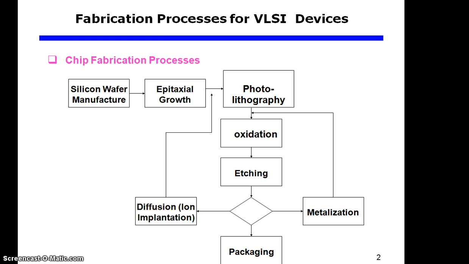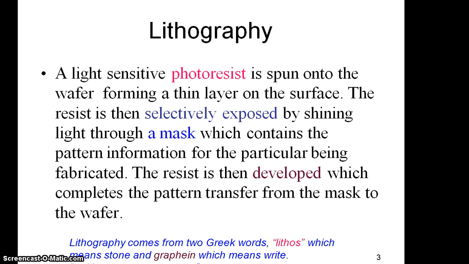Then after transferring the pattern from the mask, we go to oxidation and etching, metallization, diffusion and packaging. So these are basically 7-8 fabrication steps that we need to fabricate a simple device. That may be more depending upon the complexity of the device.